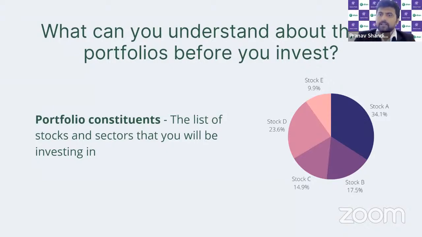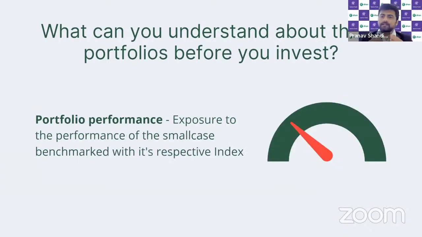So when you're investing in a smallcase, as you can see, you get a breakup of all the set of stocks we are investing in and all the set of sectors also that we are participating in. Apart from that, as investors, what is the one thing that we need to know? We need to know whether our portfolio is giving good returns or is performing well, correct?